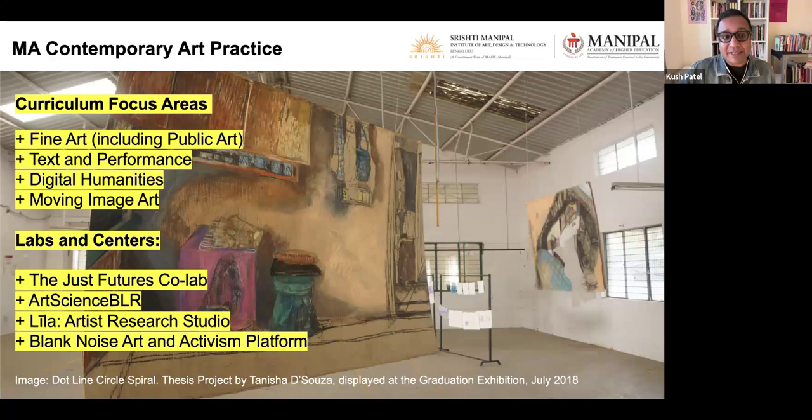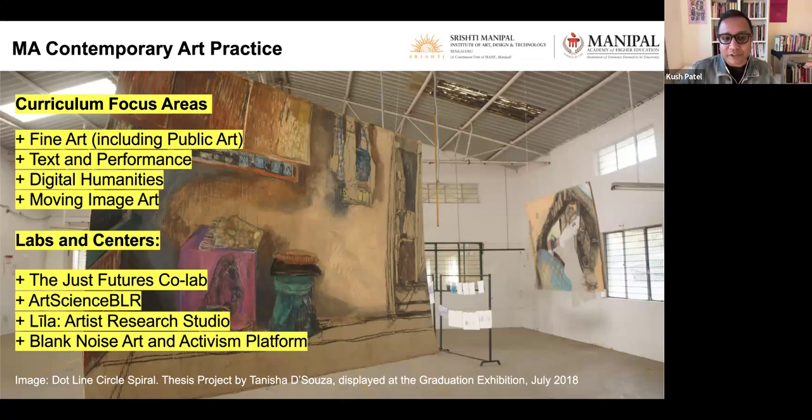The MA in Contemporary Art Practice is also connected to, and it extends itself into labs and centers on campus. Currently, we've listed 4 labs, but there are more in upcoming labs with which we are in conversation. The Just Futures Co-Lab is around questions of critical digital humanities, queer feminist, trans feminist ways of thinking about media technologies.